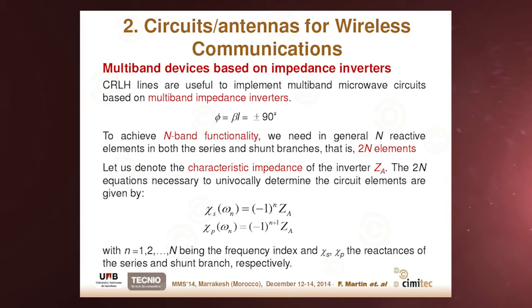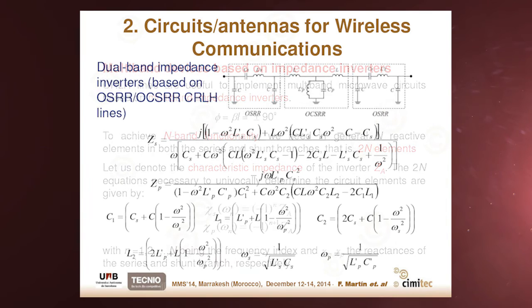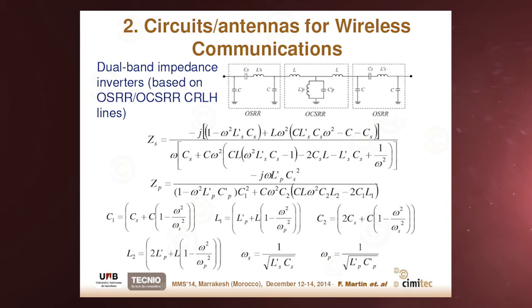Now, let's focus on the implementation of dual band impedance inverters based on OSRR and CRLH loaded lines. This is the model of the unit cell, including the parasitics. So this is not a P model, not a T model, and the number of elements, rather than 4, as needed at least for a dual band device, is 6.